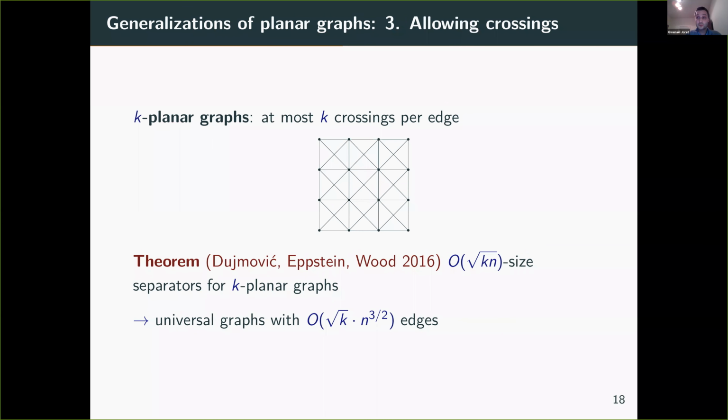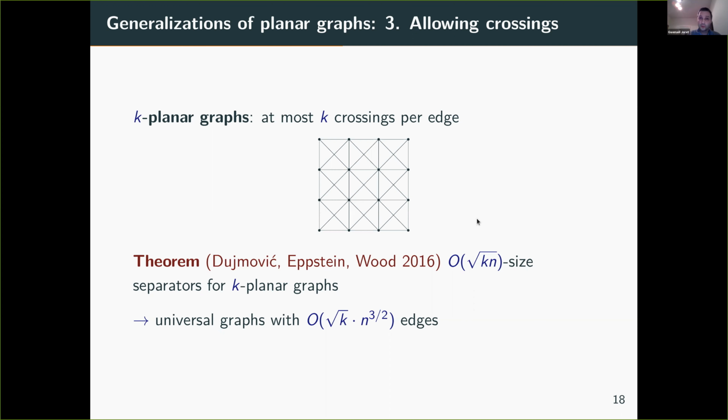And a third way of generalizing planarity is to look at drawings of your graph in the plane where you allow crossings. You allow at most k crossings per edge. So if you do that, you have the notion of k-planar graphs. And they also, for fixed k, enjoy square root n separators.